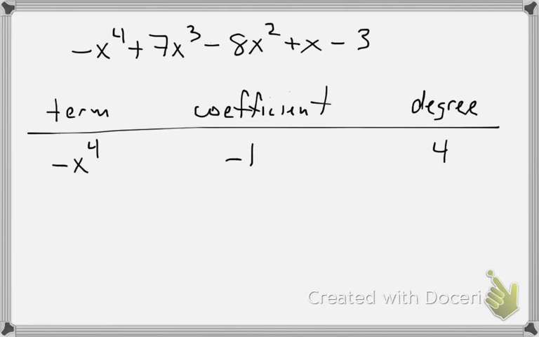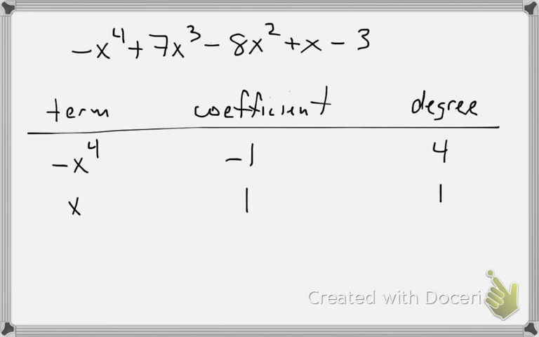Give me another term. Okay, you guys want to go out of order? No worries. What's the coefficient? 1. The degree? 1. What is the degree? It's the power on the variable, right? So what's the power on x there? It's a 1.